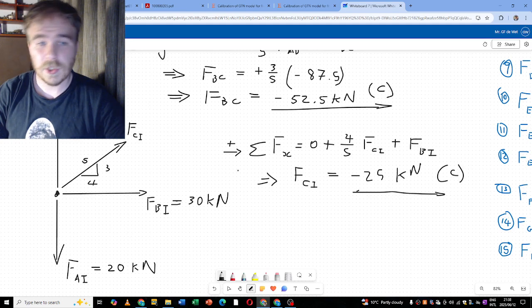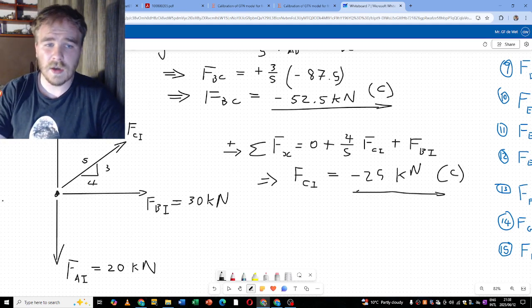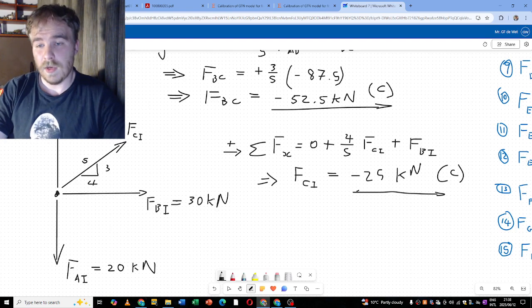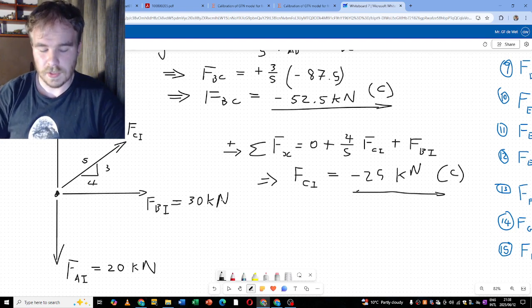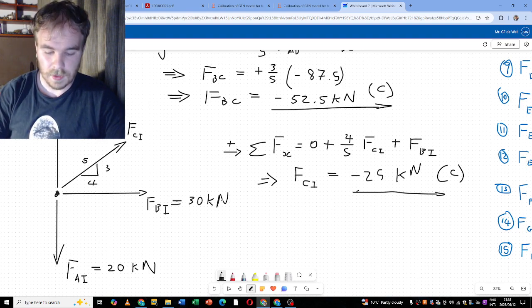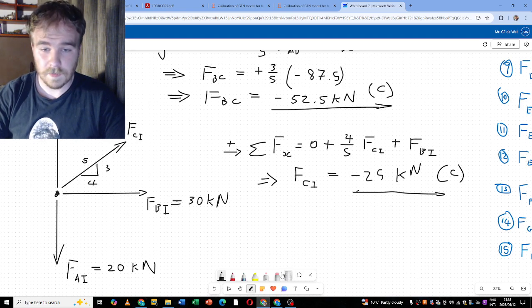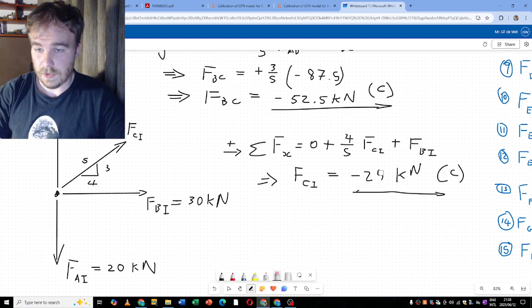Then in compression, because FCI is already pulling in the same direction as FBI, and we know that, oh, I messed it up. I should have multiplied by 30, not by 20. Oh, that's a silly mistake. It's negative 37.5. It's always good to reason about these things.